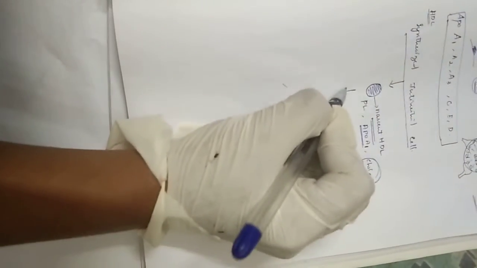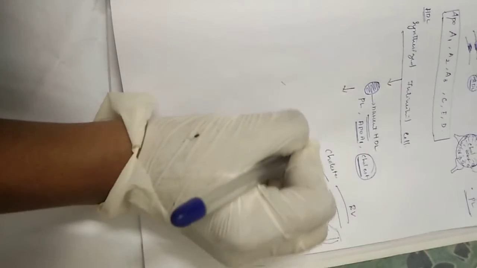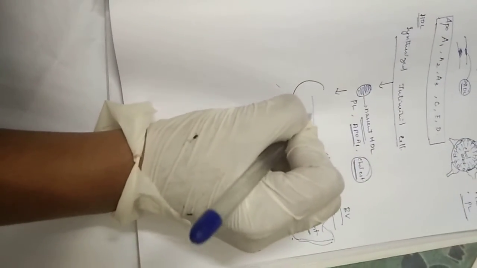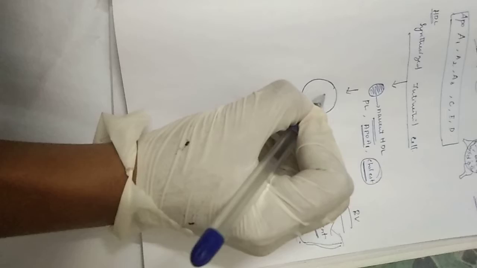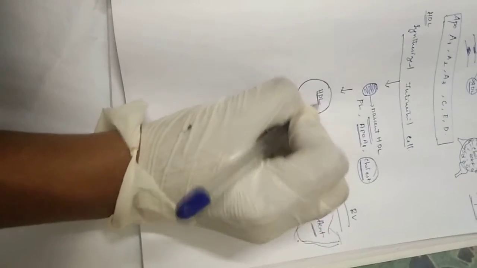Now later what happens is that from the blood vessels and from the heart, my heart diagram is very bad, I know, but please manage with that, the cholesterol is transported to the HDL.